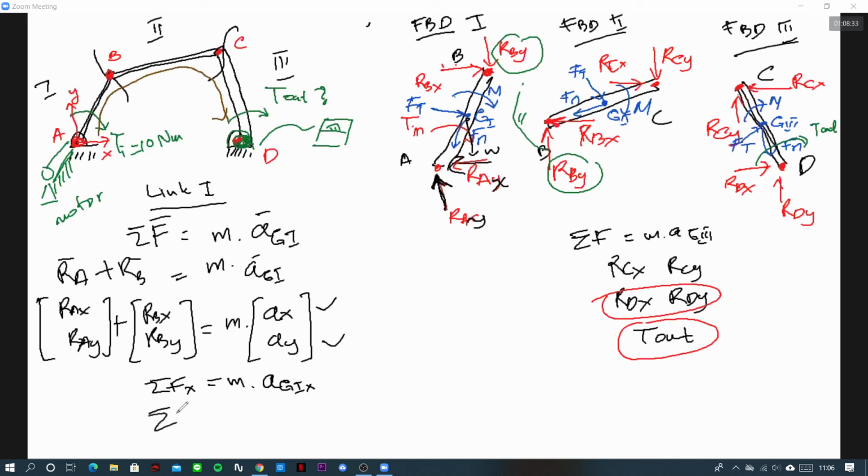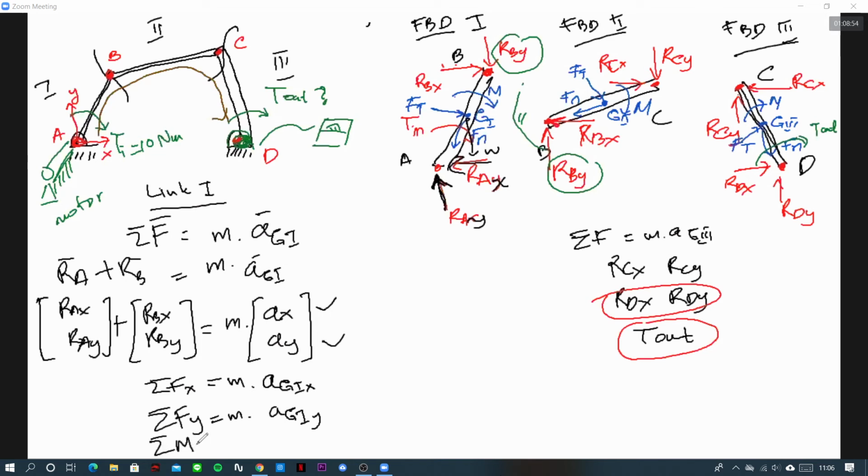And then sigma F in Y equal to M times AG1Y. Okay, we have two equations already for link 1. Do we need another equation? Yes, we need one last equation, which is sigma moment.